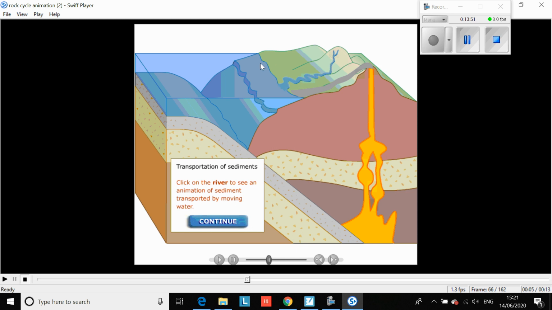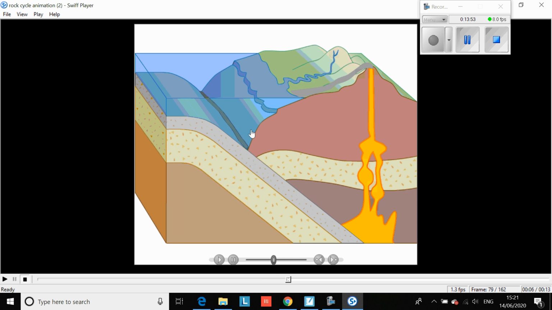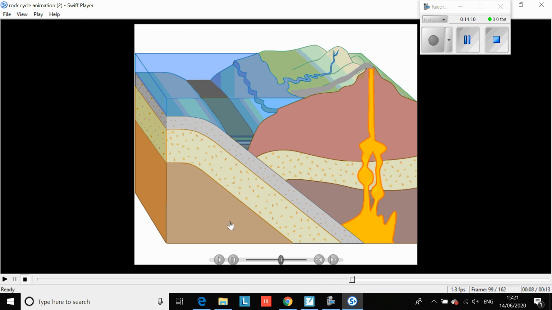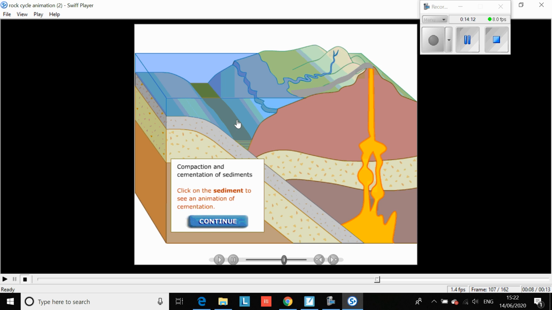They'll be carried down to a place where ultimately those sediments will build up. So deposition, or where they get deposited, deposition of sediments. And you can see here, they build up into these layers. Then it gets compacted. Ultimately, it gets squeezed and squeezed and squeezed into sedimentary rock, like I said.